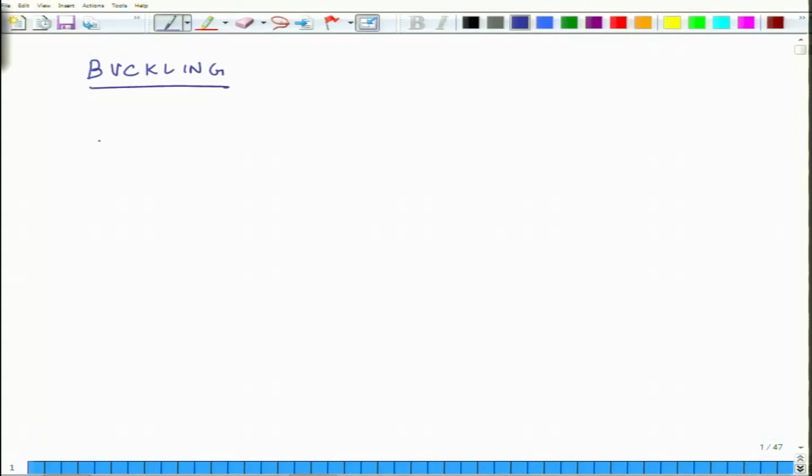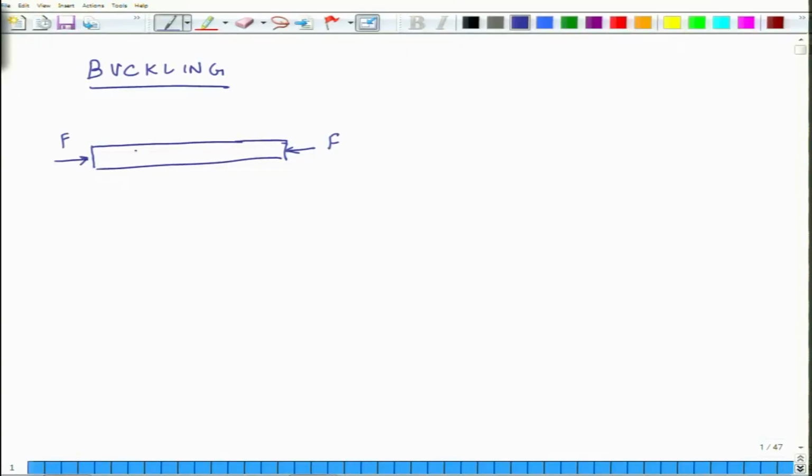So suppose I have just a regular metallic bar, and it is a perfectly straight bar, and I apply a compressive force on it. Then what happens? Essentially the bar keeps on getting smaller and smaller.